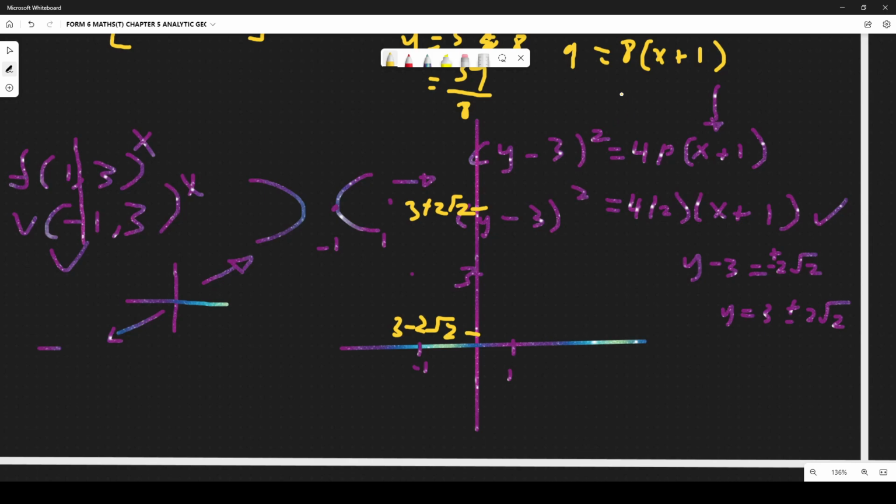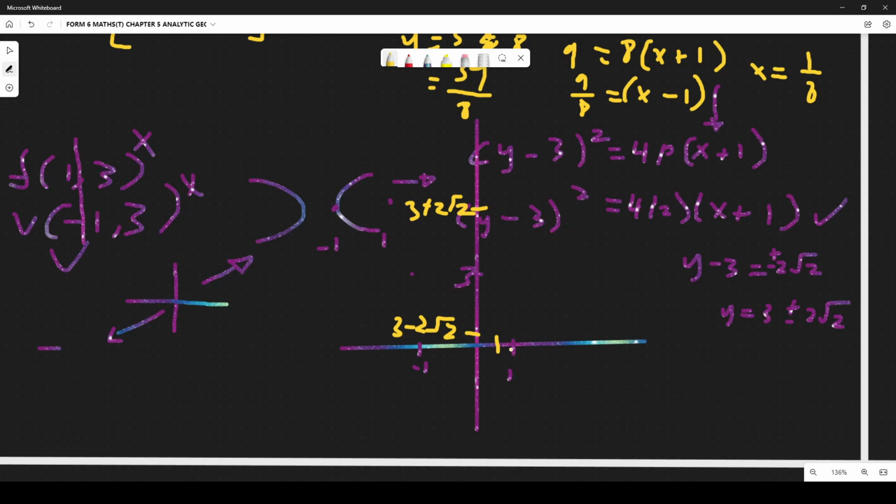So 9 over 8 equals x plus 1. Yeah, x equals 1 over 8. So 1 over 8 is around here.